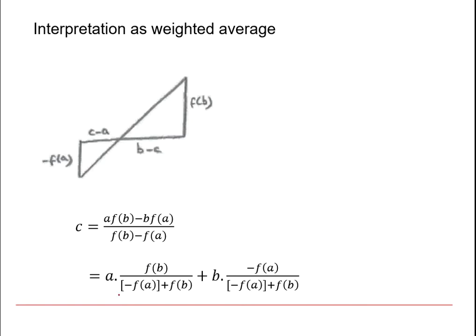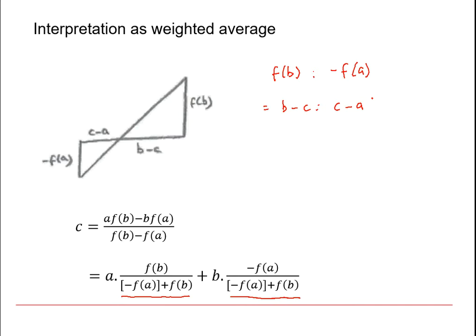So we've got a multiple of A and a multiple of B, and we know that f of B minus f of A, which is a positive quantity, are in the same ratio as B minus C to C minus A.